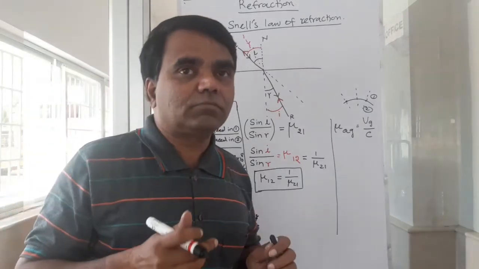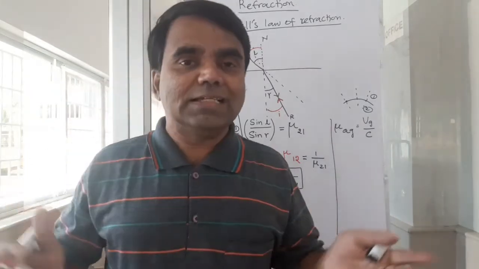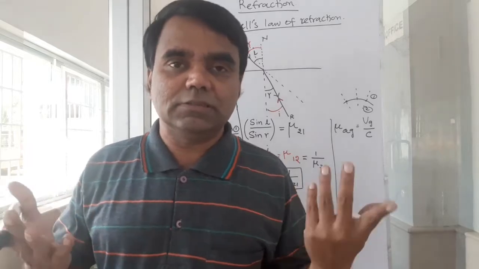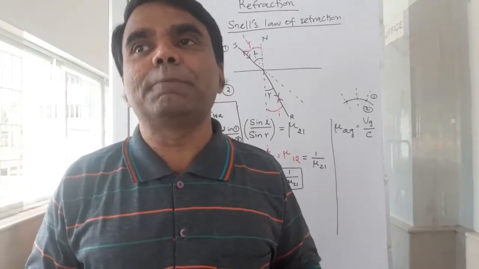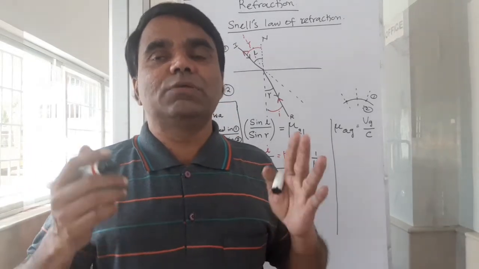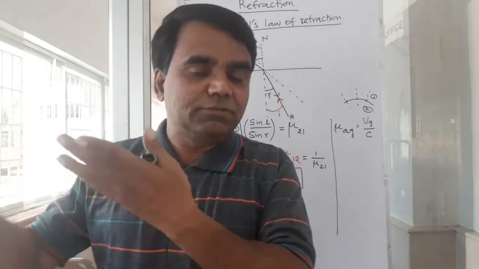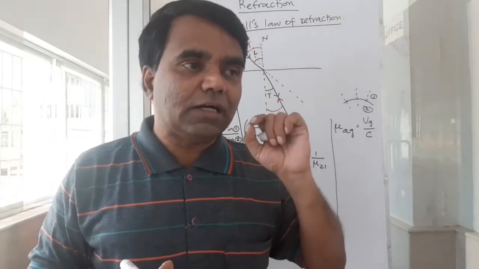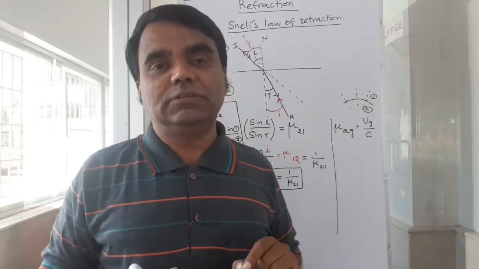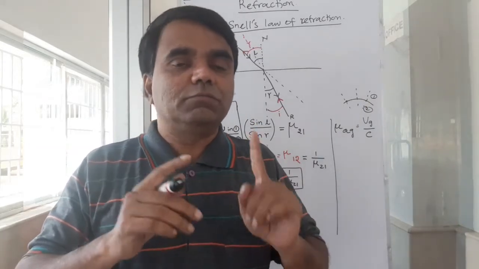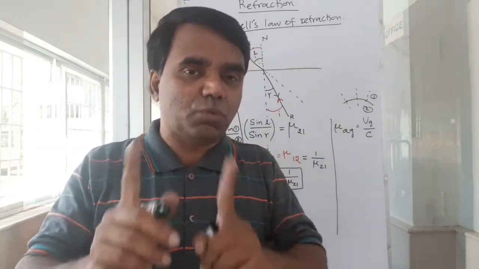So usually glass, water's refractive index is 1.33. Okay. Glass and water and whatever else you see, they have higher refractive indexes. What does it mean, higher than 1?